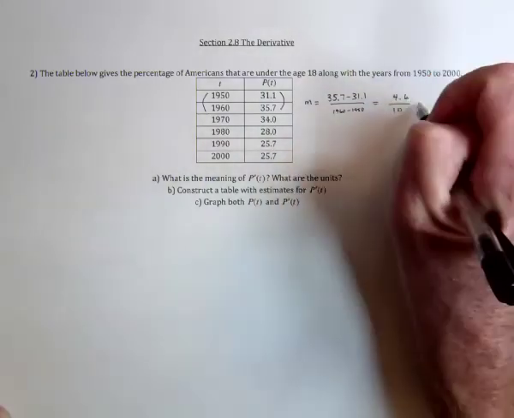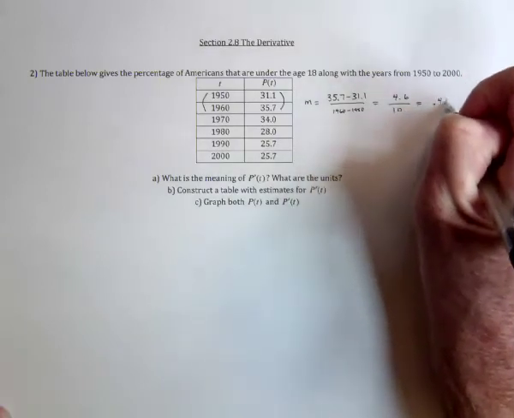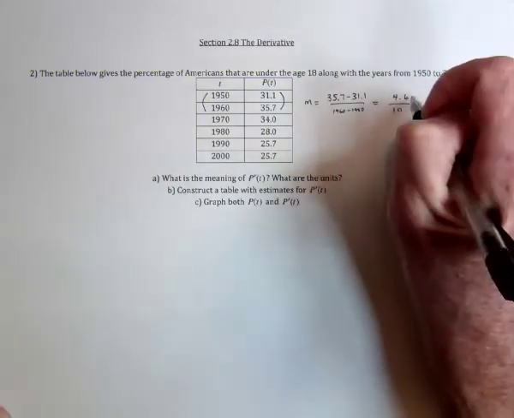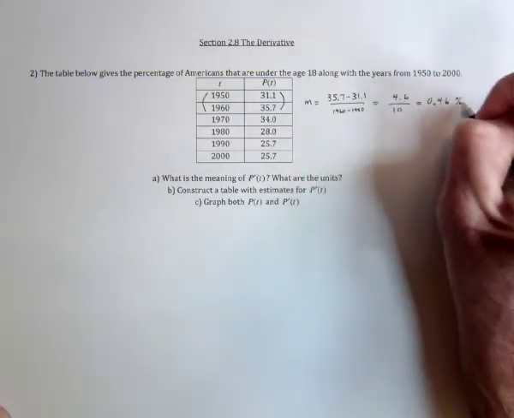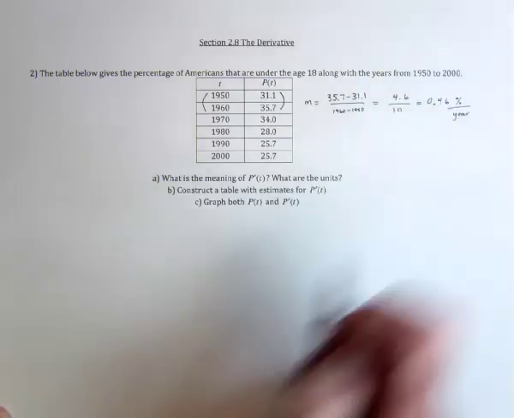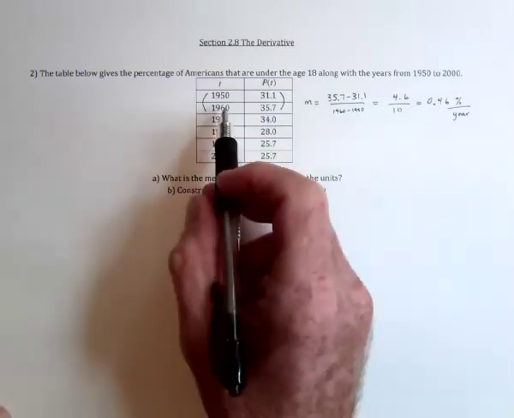And so it actually went up by about 0.5% per year. So this was in percent, and the 10 was in years. So it's going up by approximately 0.46% per year over that decade.